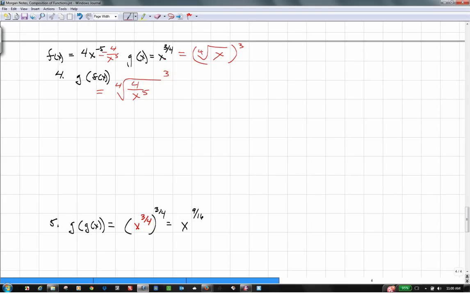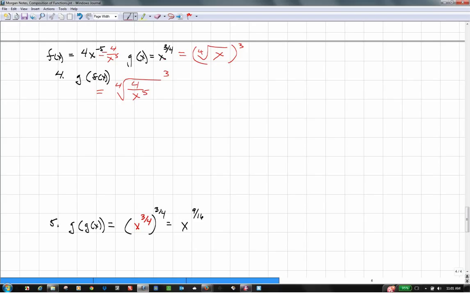Now I'm not going to work it out that way, but that's what it would look like. Let me just make sure I got that right. We said g is x to the 3/4, which is the 4th root of x cubed, and x is actually 4 over x to the -5th. I wanted to put it like that so we could get a look and see what my domain would be.